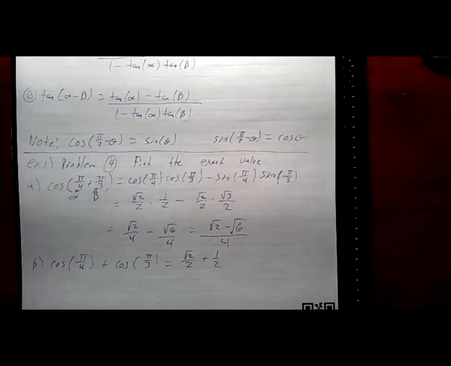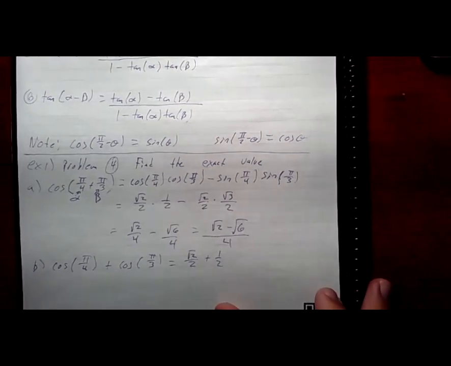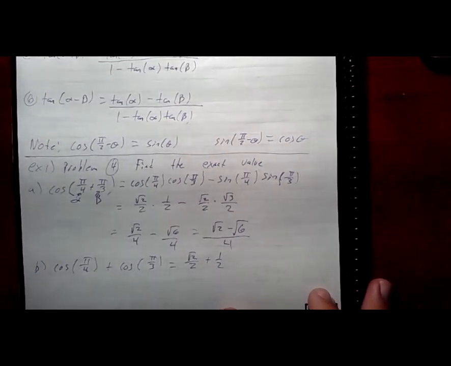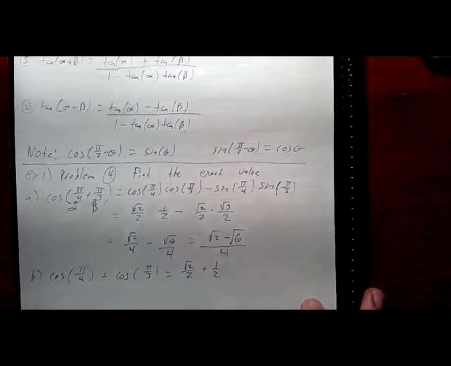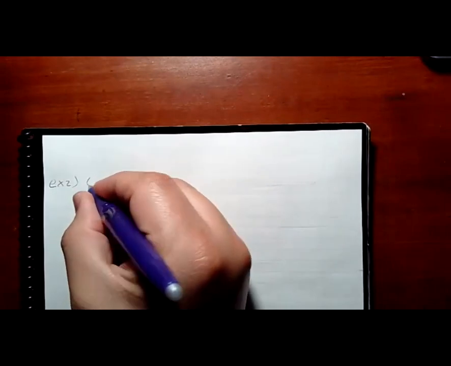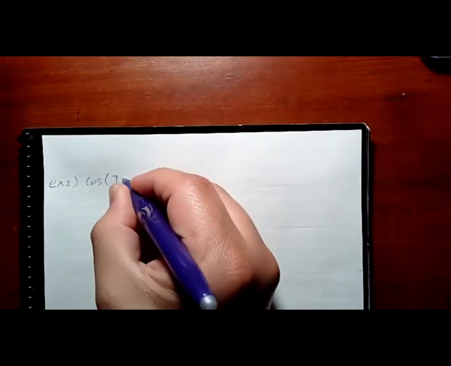So this is the first few types of problems you're going to see. Then you're going to see something like this. You guys cool on this page? Okay. They give you an angle that's not on the circle, something weird, but you can adjust it.